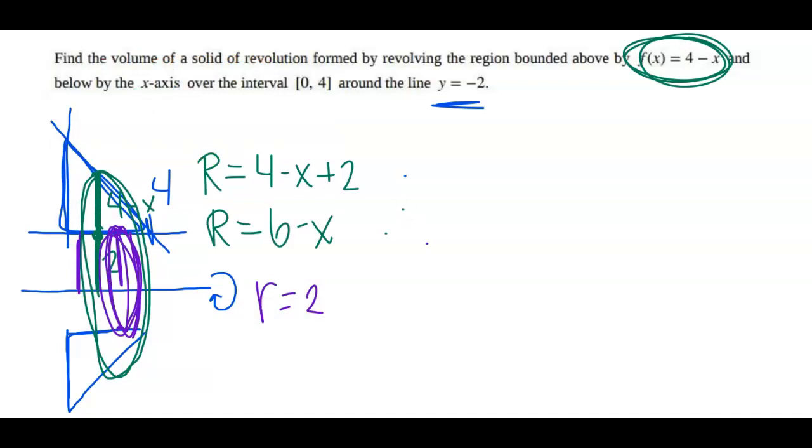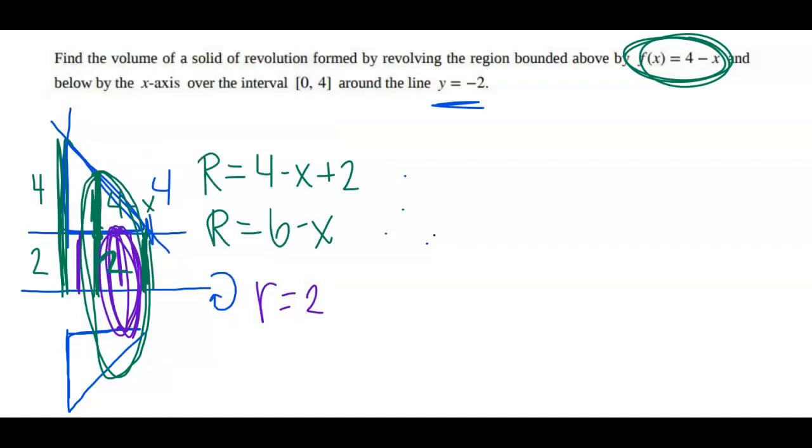For the big radius, 4 minus x is always this piece, and then in order to get to your axis of revolution, you need to add 2 more. Here it's 2 because x equals 4, 4 minus 4 is 0, plus 2, I need that to be 2. Over here, when I plug in x equals 0, I need that to be 2 plus 4, I need that to be 6. Okay, so you want to double check and make sure that you are doing this correctly.